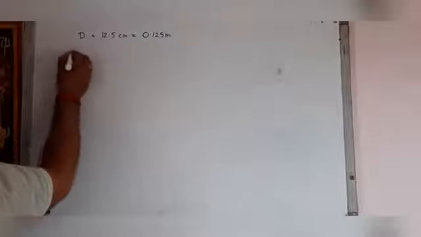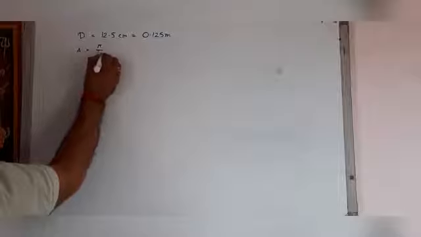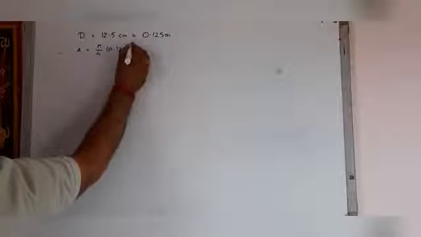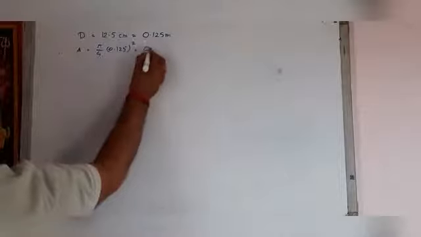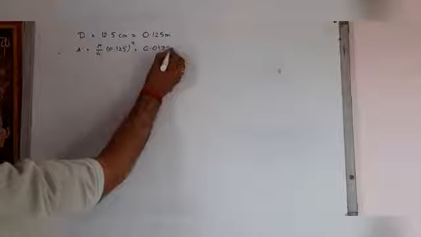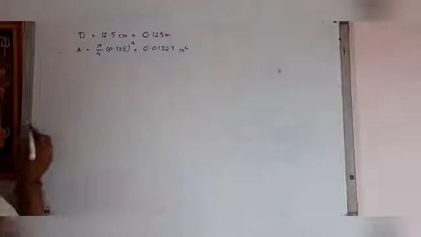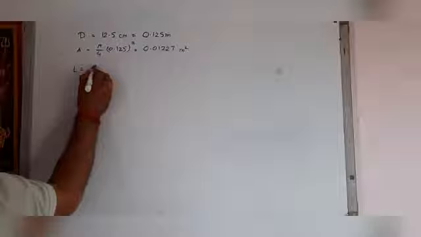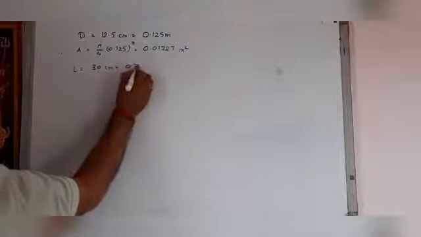So area equals pi by 4 into 0.125 squared, equal to 0.01227 meter square. Stroke length is 30 centimeter, equal to 0.3 meter.